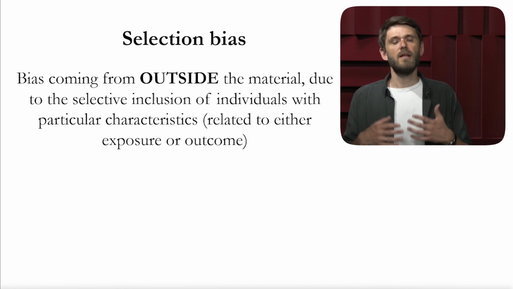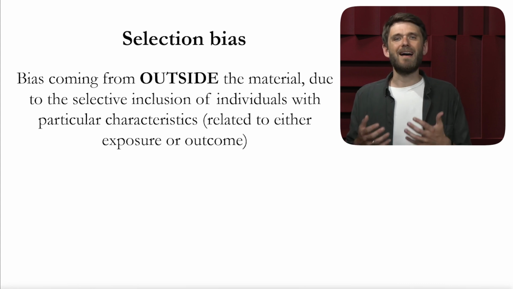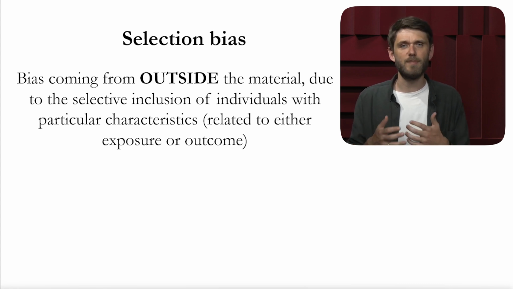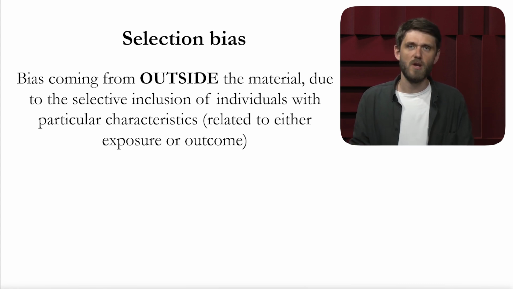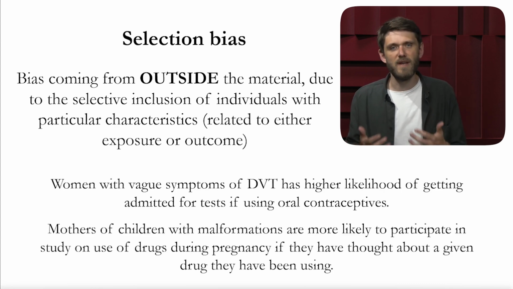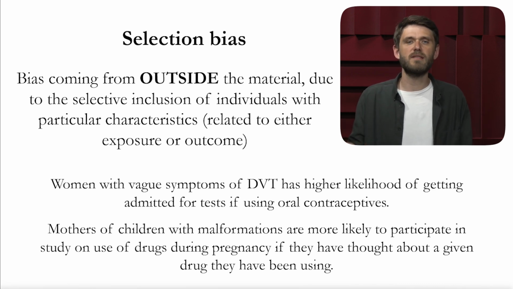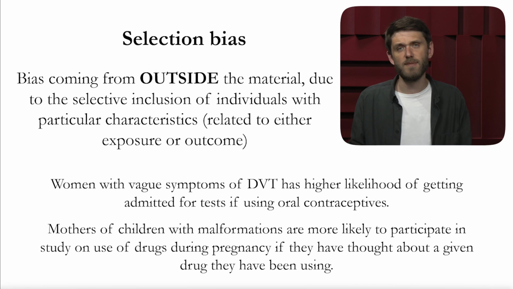Selection bias. Selection bias is a bias coming from outside of the material due to selective inclusion of individuals with particular characteristics, and this is dependent on, for instance, their exposure or their outcome. An example could be women with vague symptoms of DVT have a higher likelihood of getting admitted to tests if they're using oral contraceptives.